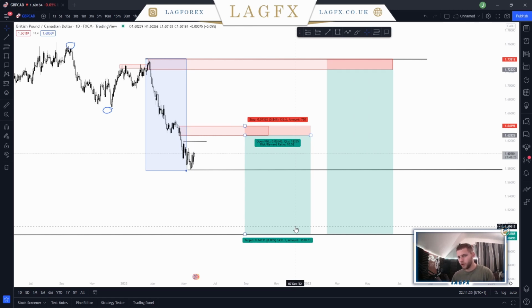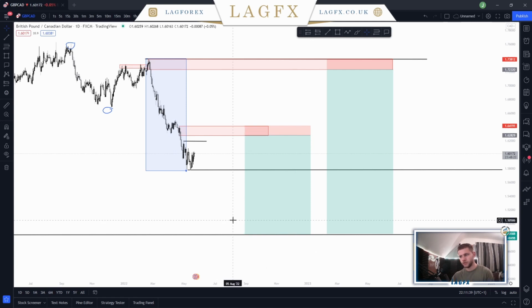Don't get me wrong, I would partial along the way and potentially only have 20% of the position running to this higher time frame structural point, getting back to the situation at hand.